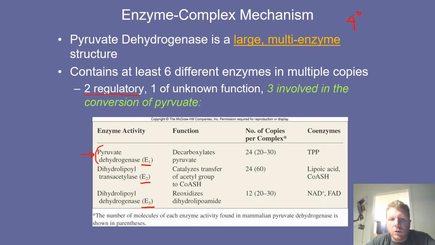Well, just like we saw in the previous slide, the first thing that happens is pyruvate gets decarboxylated. So E1 actually carries out that decarboxylation. E2 catalyzes the transfer of an acetyl group to our CoASH, which is our coenzyme A before it's acetyl coenzyme A. Then E3 reoxidizes dihydrolipoamide, or lipoamide.